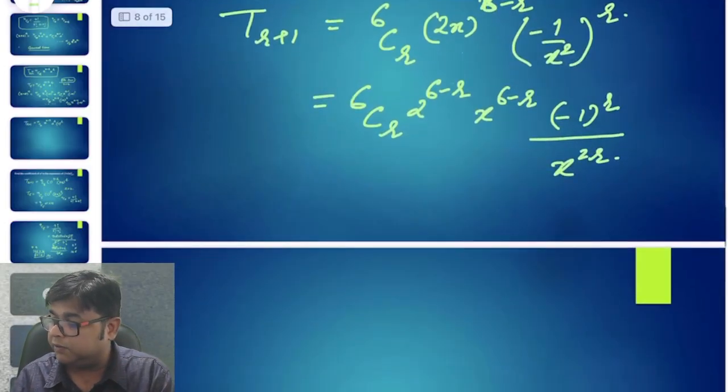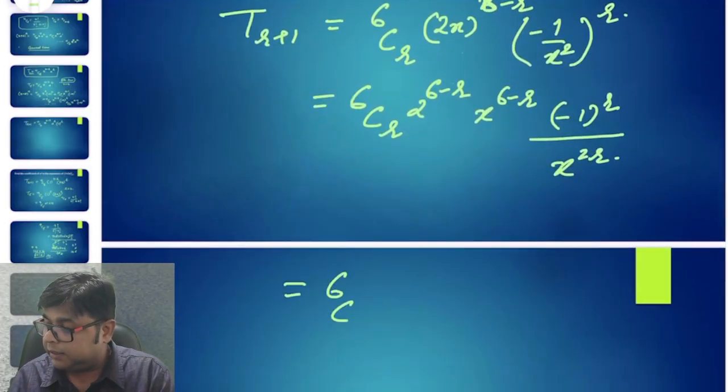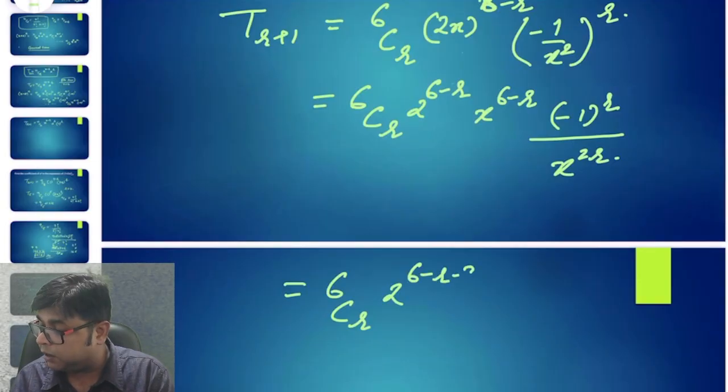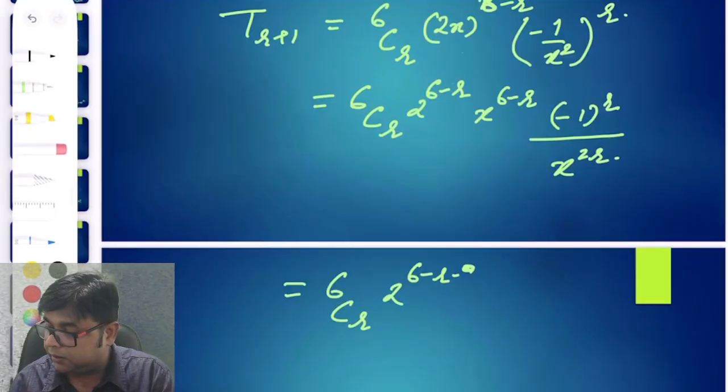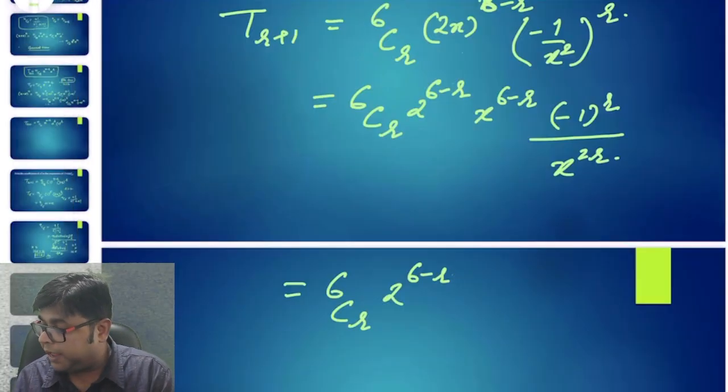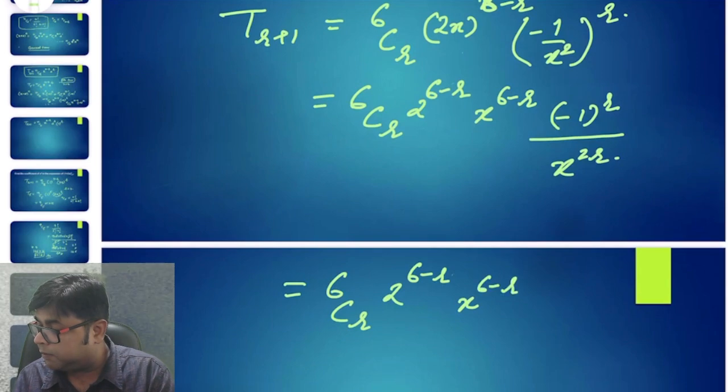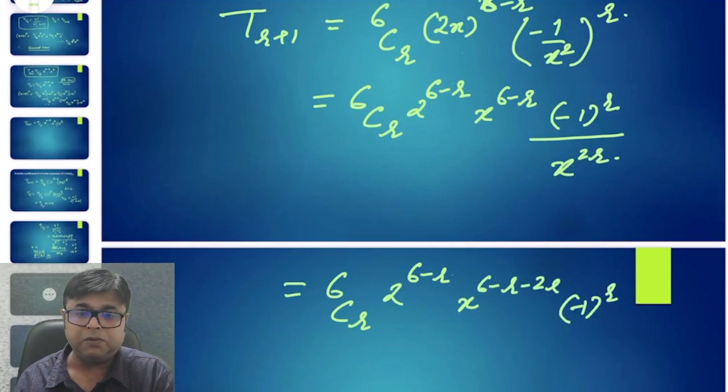Now let's solve it a bit. So this will give me 2^(6-r) and x^(6-r-2r) and (-1)^r. So this is what my term is.